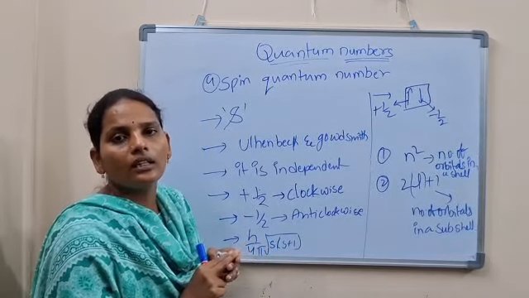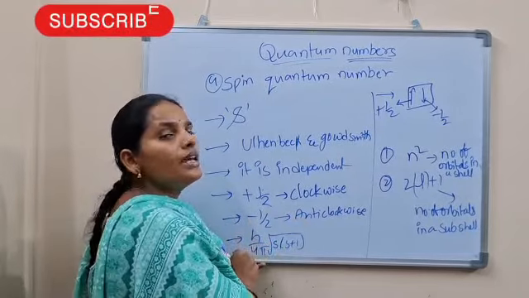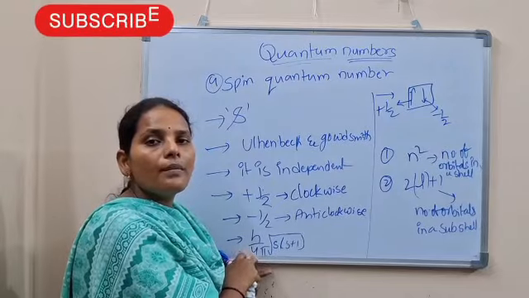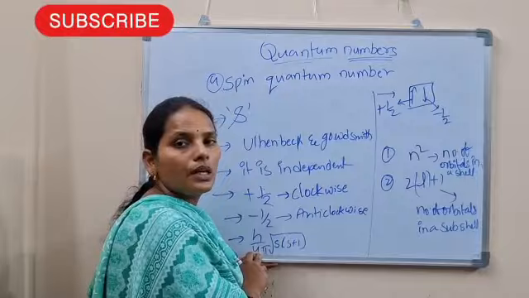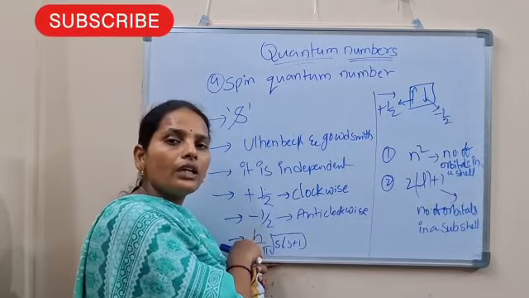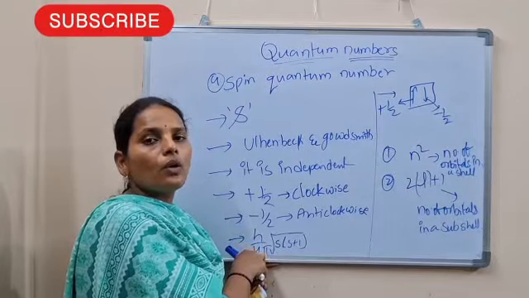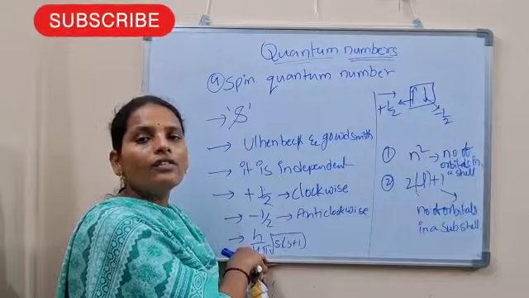In our next class we are discussing the shapes of the orbitals. From these quantum numbers we are finding the number of orbitals, number of subshells, and maximum number of electrons in an orbit or number of electrons present in the subshells.